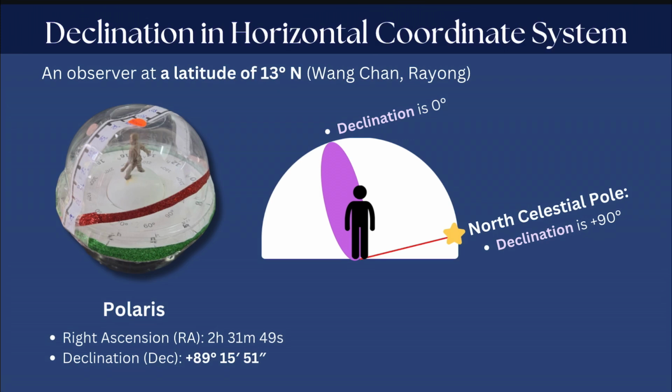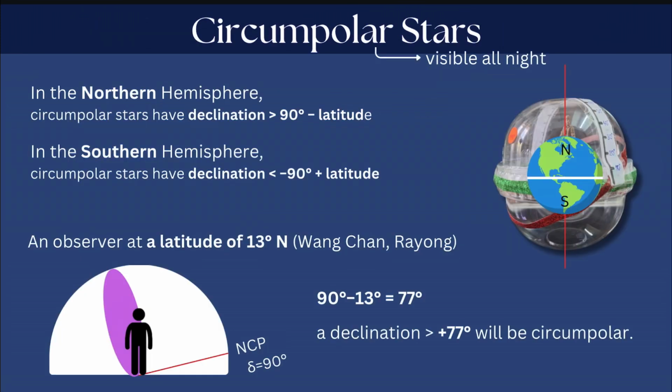And now we proceed to the last topic, circumpolar stars. How to find circumpolar stars in the horizontal coordinate system? First, circumpolar stars are stars that never set below the horizon from a specific location.